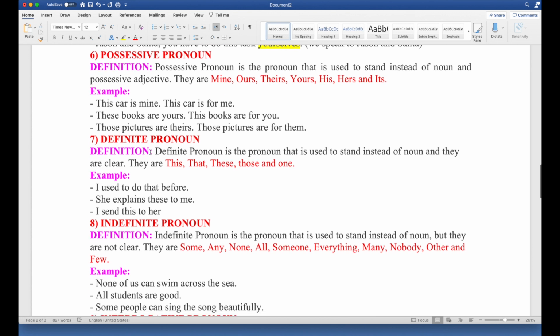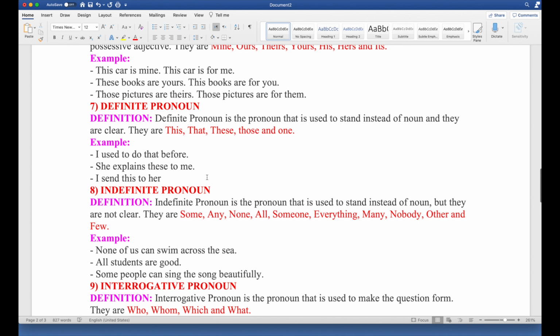Okay? So, number 7 is definitive pronouns. A definitive pronoun is a pronoun that is used to stand instead of a noun, and they are clear. So these are this, that, these, those, and one.